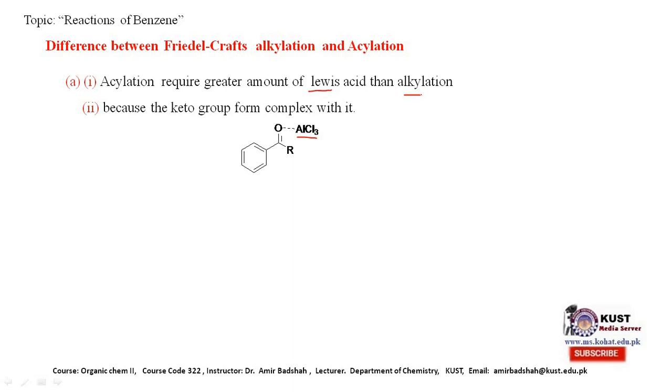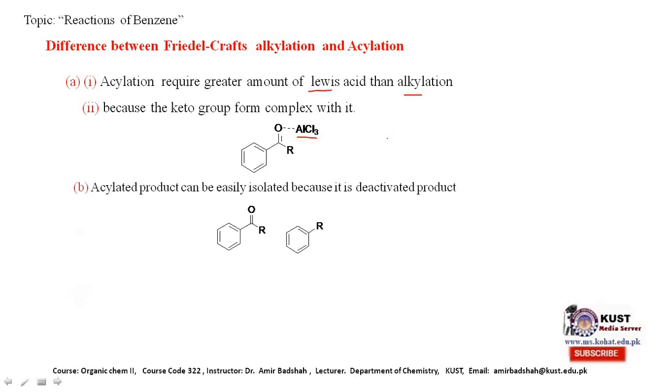This is because aluminium chloride is not only used for generating the electrophile in case of acylation, but it also forms a complex with the acyl group of the benzene ring. So that's why the Lewis acid used for acylation is a little bit higher than that of alkylation.